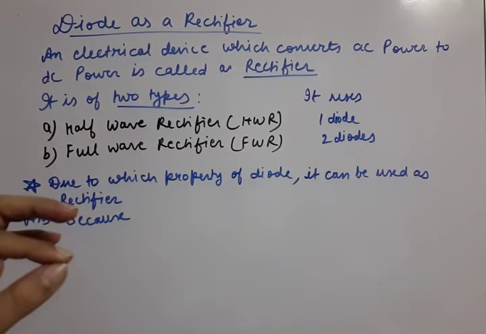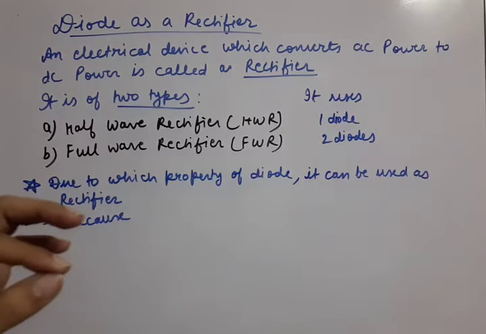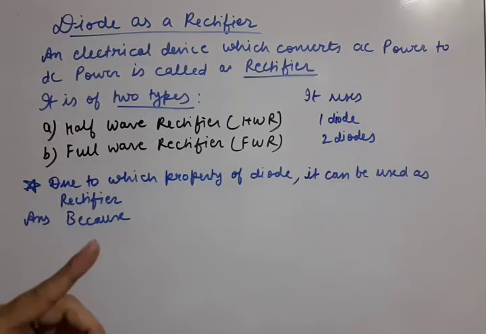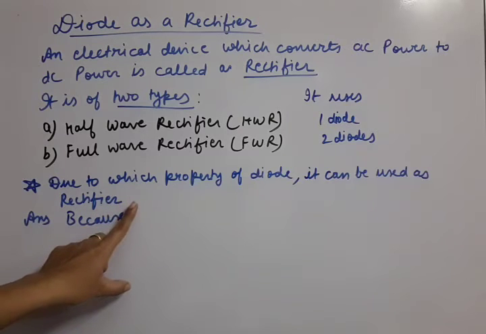During reverse biasing, before breakdown, the diode does not conduct; almost zero current flows. Using this property, the diode conducts only during forward biasing and not during reverse biasing. That property allows the diode to be used as a rectifier.